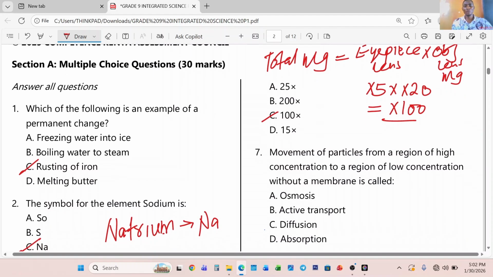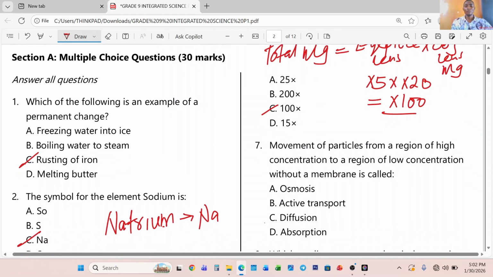Moving to the next question. Movement of particles from a region of high concentration to a region of low concentration without a membrane is called? Osmosis is movement of water molecules from a region of high water to a region of low water concentration, but across a semi-permeable membrane.